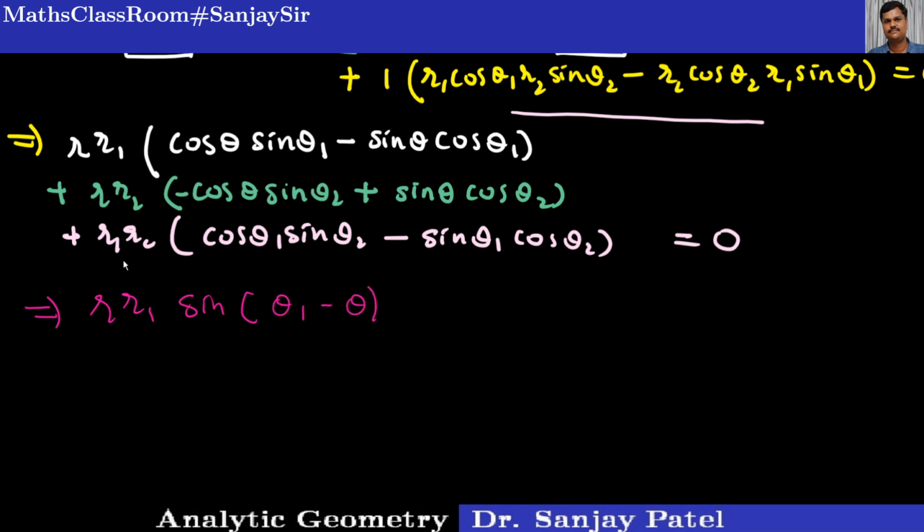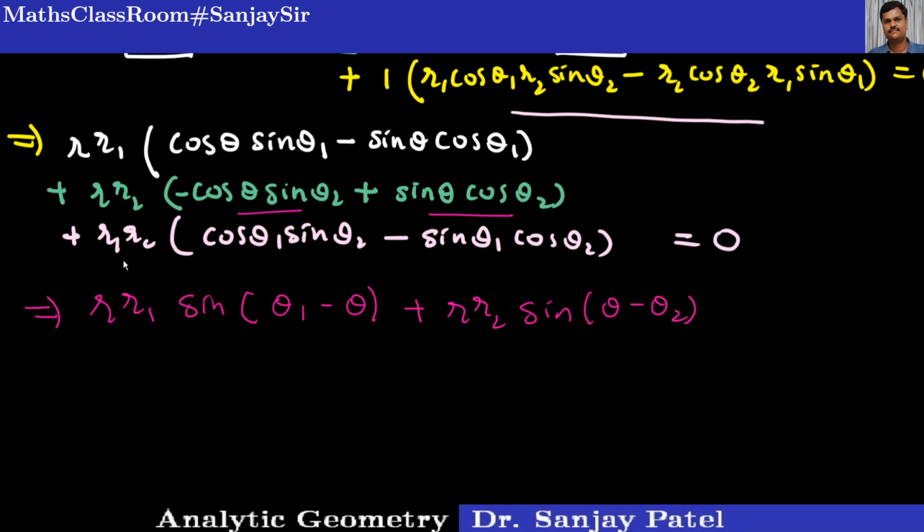The second group of terms, let me write this way, plus r2 into sine of, what is this? This is minus sign here. So let me consider this as the first term and this as the second term. So sine theta cos theta 2 minus cos theta sine theta 2 gives me sine of theta minus theta 2, correct?